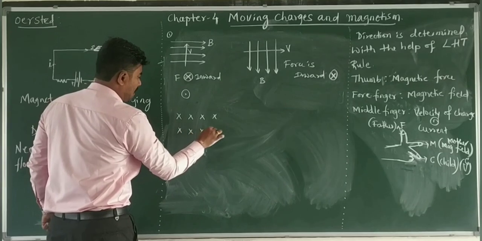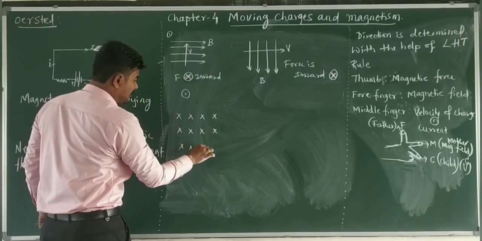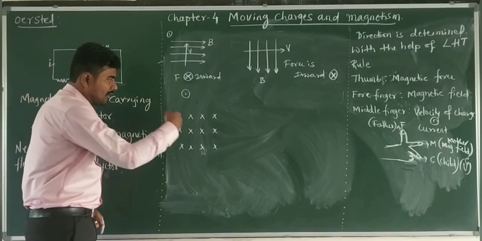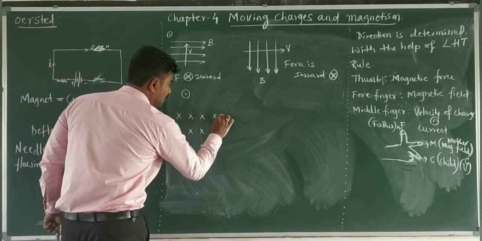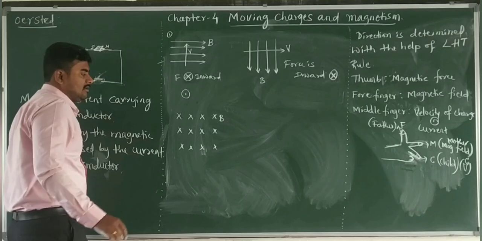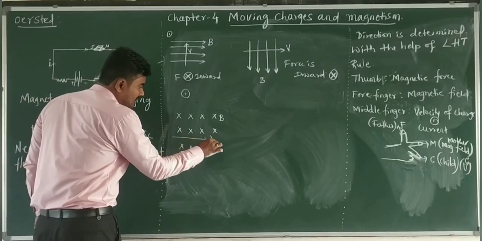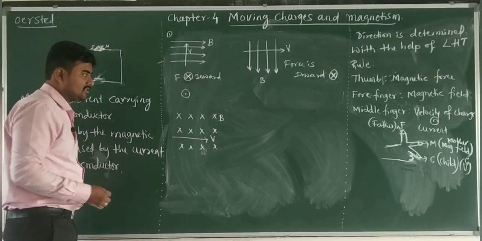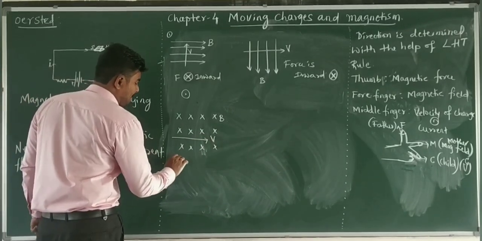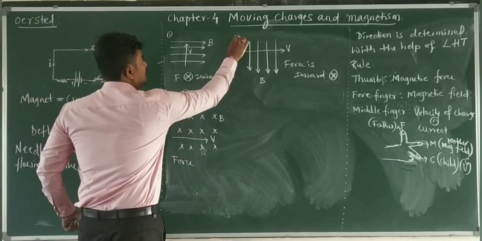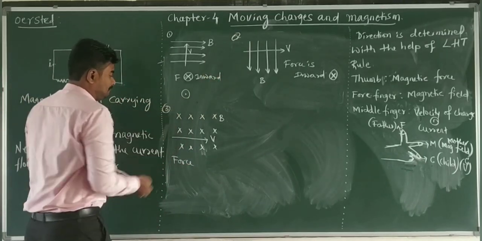This is field. The magnetic field is inward. Magnetic field itself is inward. Okay, and the velocity of charge will be like this. Then what is the direction of force? Once again left hand. This is actually third one.